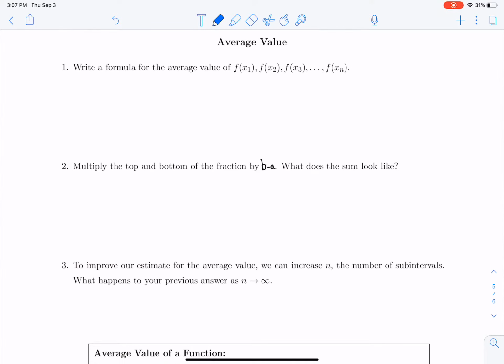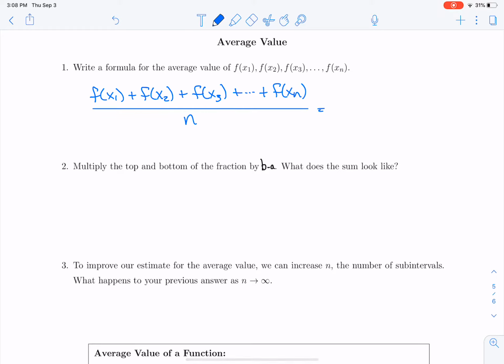We'll call them f of x1 through f of xn. So to find an average, just thinking about how we found averages in the past, you're going to add up all the values all the way to f of xn, and then just simply divide by n.